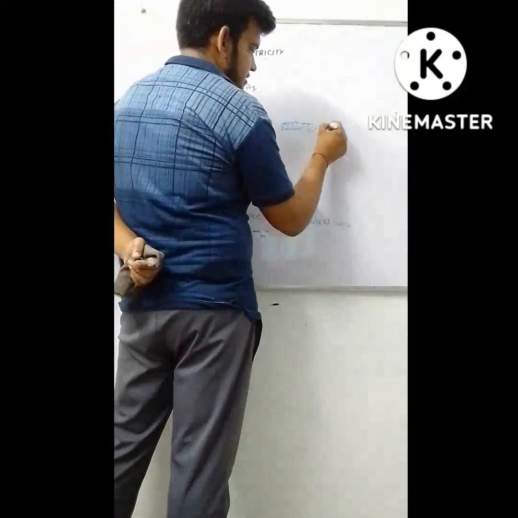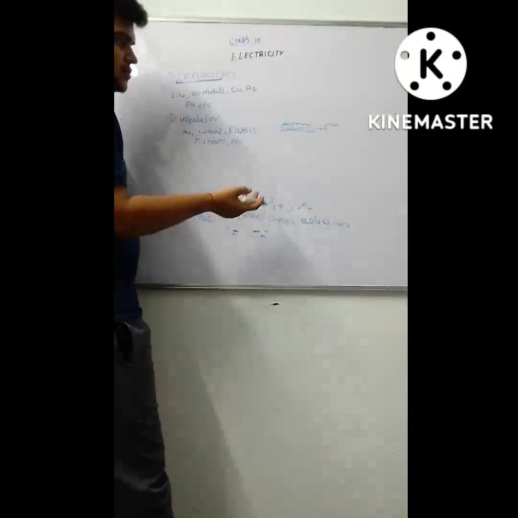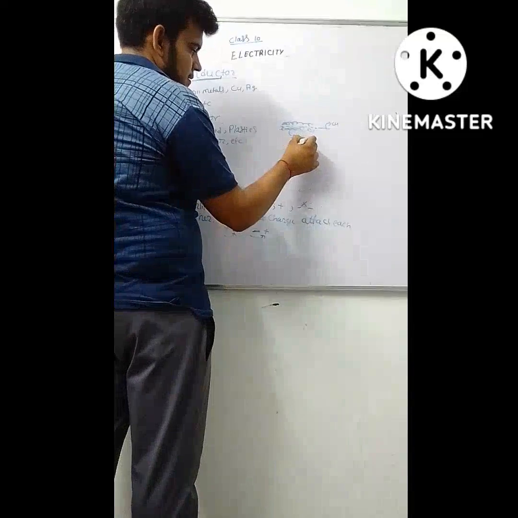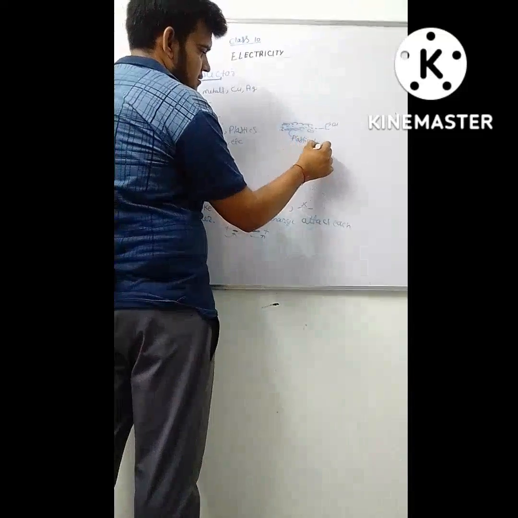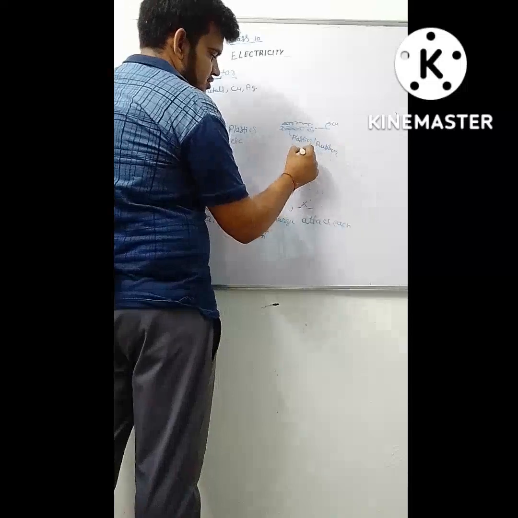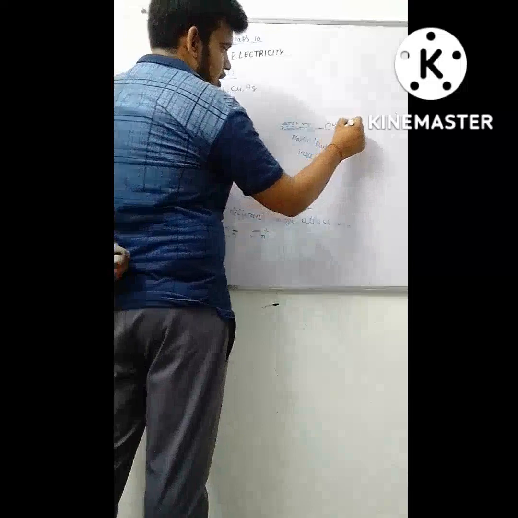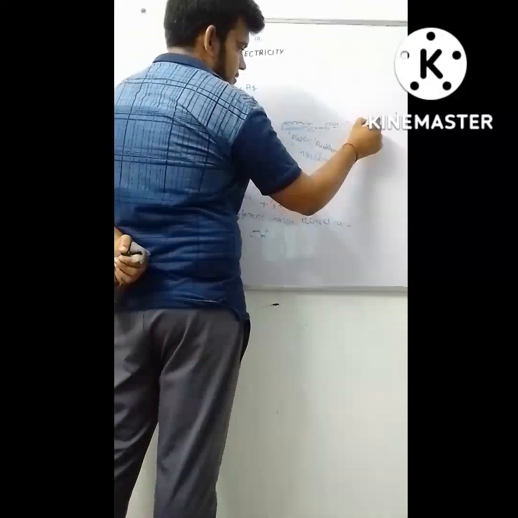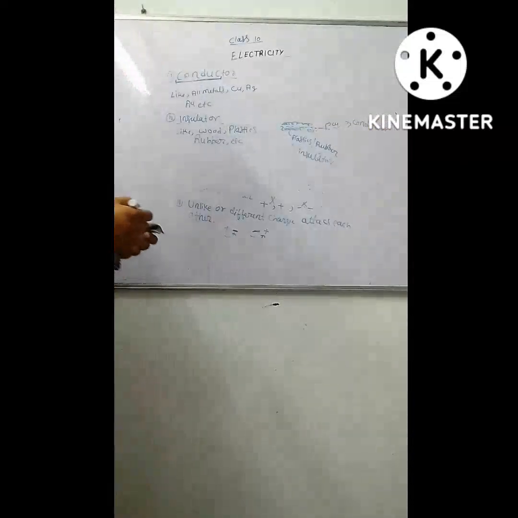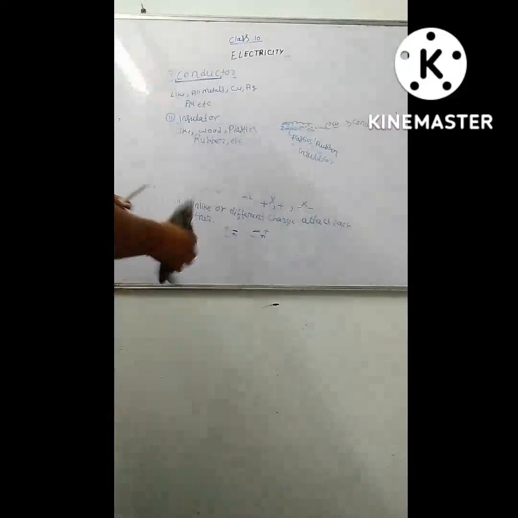Like if you see this is a copper wire, then it will be covered with plastics or rubber, because these are insulators and copper is a conductor. So this was the description of conductor and insulator.